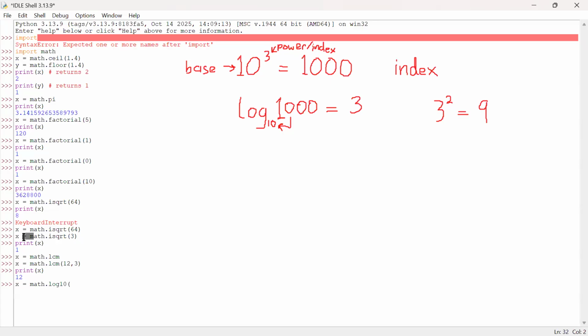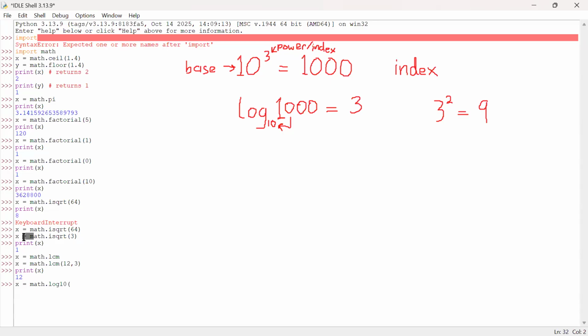Isn't 9? No, read it the way I read it. See the way I read this one. Logarithm of 1,000 to base 10 equals 3.